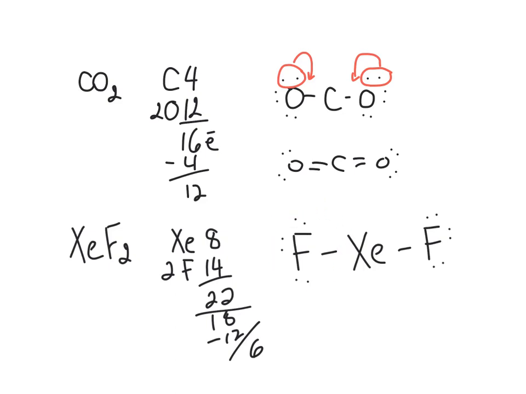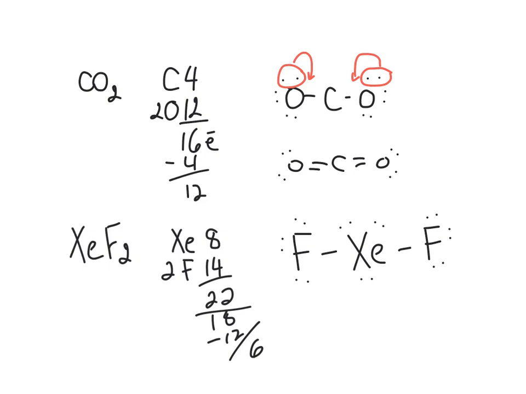We've got 8, 16. We've got 6 more to place. Fluorine's happy, it's got its 8. Xenon will need 4 more to get 8, but there's actually 6 still to place, so if there's extra ones, you put them on the central atom.